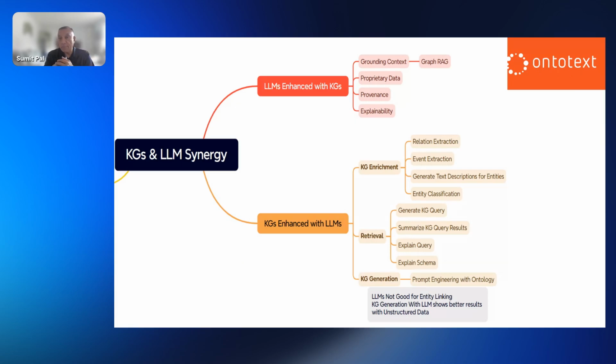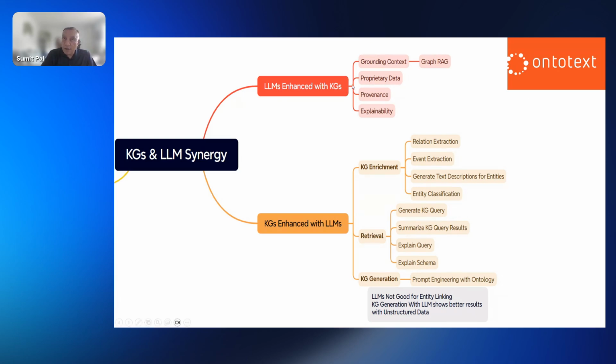And here is a mind map that shows what can be done with LLMs and knowledge graphs. LLMs can be enhanced with knowledge graphs by providing grounding context. We know about the grounding information that LLMs need, and the solutions around that are based on RAG techniques. We developed an approach called graph RAG, where the graph provides grounding context.